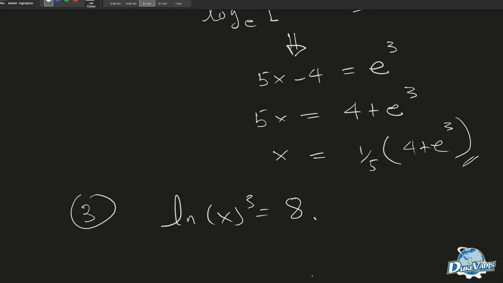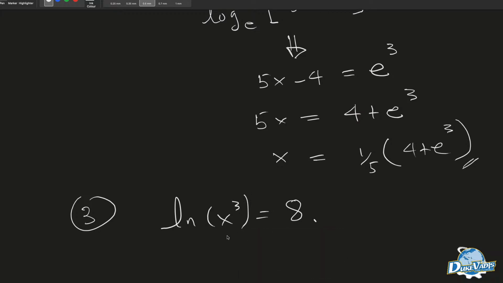Natural log of s cubed. So let's write it well: the natural log of s cubed. Okay, so that's how it's supposed to be. So that's what we've been given. So let's see how we go about that.